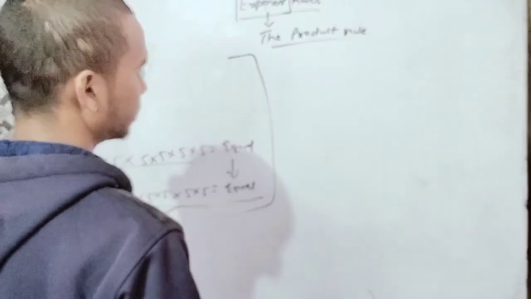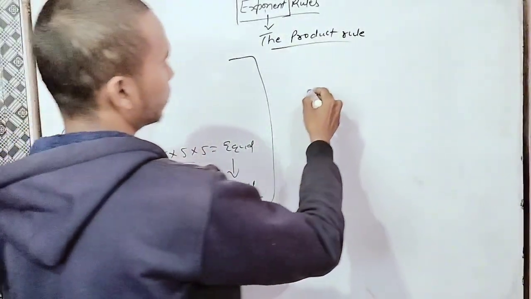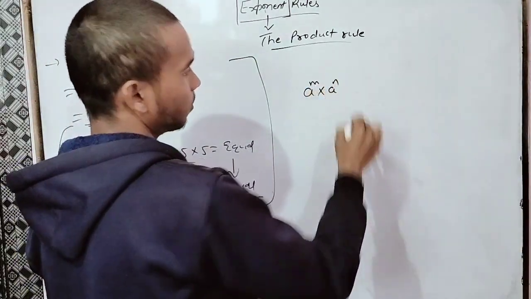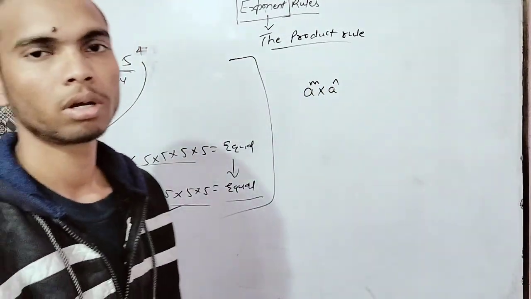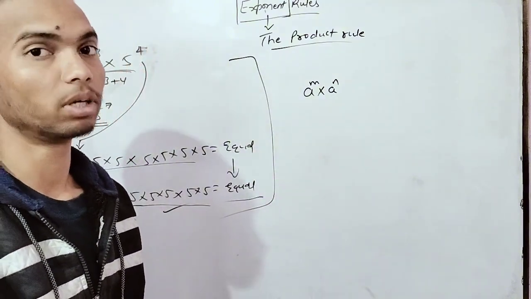And to remember, in the alphabet form, the base should be the same, and the exponents can be different.